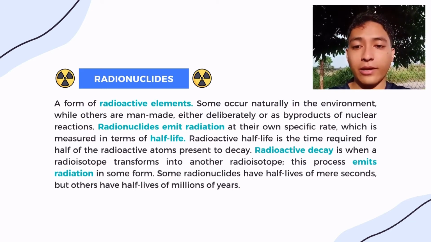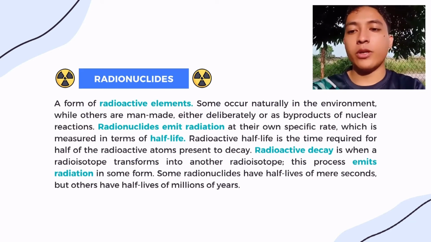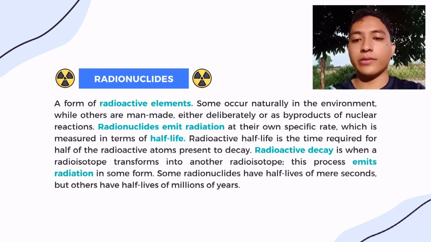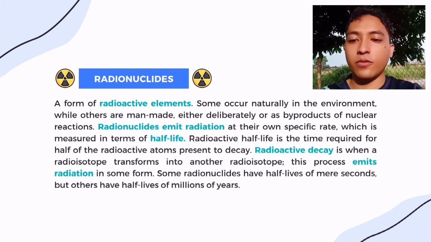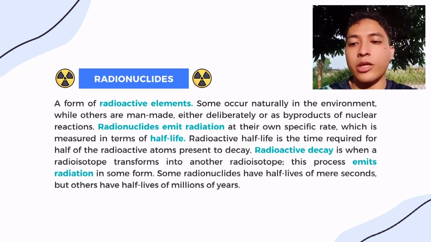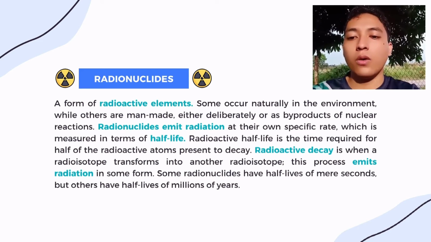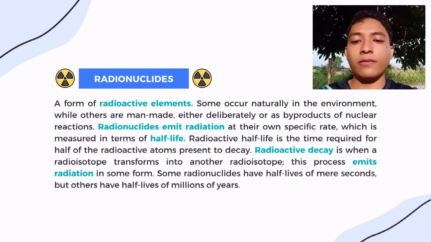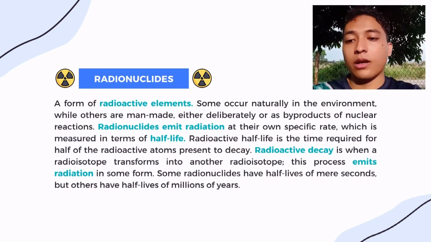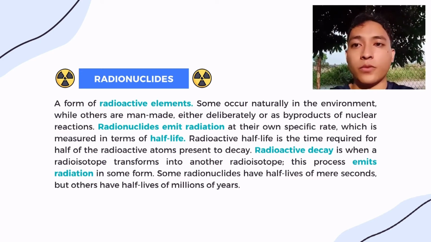Radioactive half-life is the time required for half of the radioactive atoms present to decay. Radioactive decay is when a radioisotope transforms into another radioisotope. This process emits radiation in some form. Some radionuclides only have a half-life of mere seconds, while others have half-lives of millions of years.